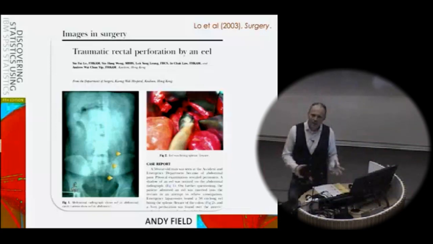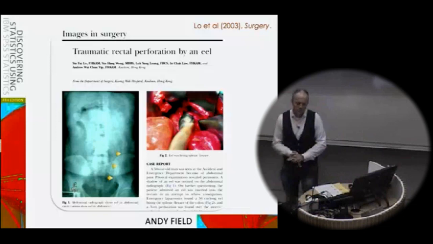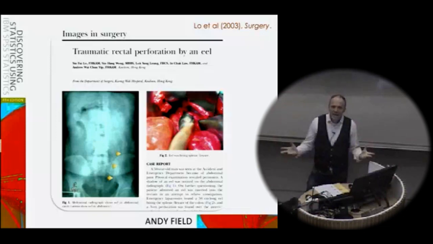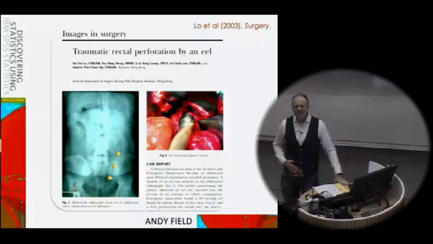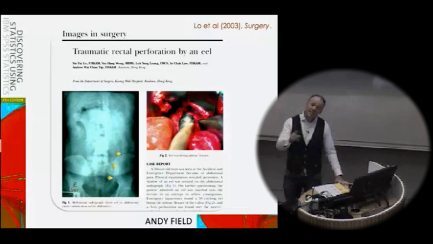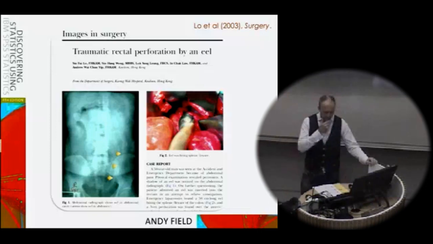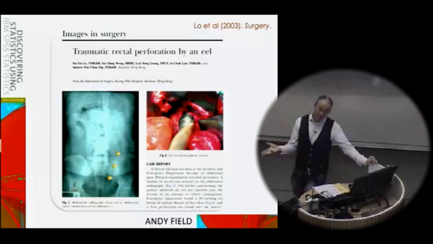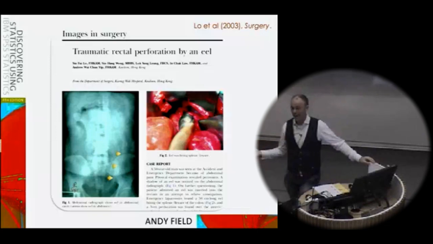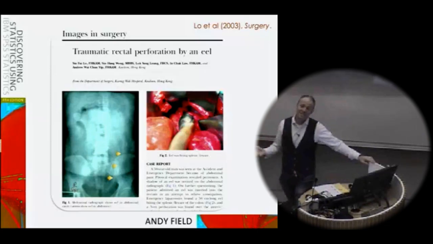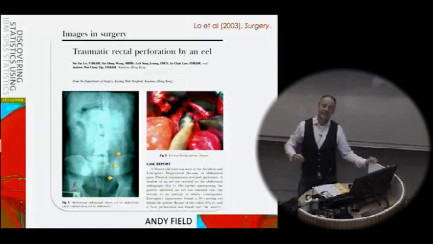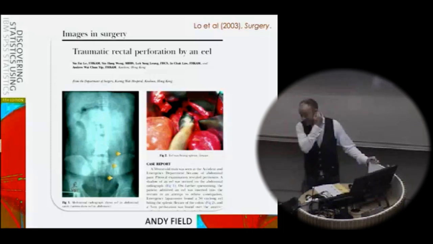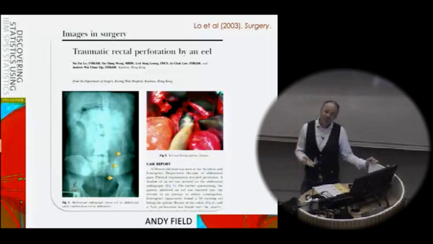And maybe that's contributing to your abdominal pain. Is that likely? He went, oh, yeah, the eel. Oh, yeah. I didn't think it was that relevant when I came in, but I did pop an eel up my anus this morning. Do you think, doctor, that's what's causing the problem?